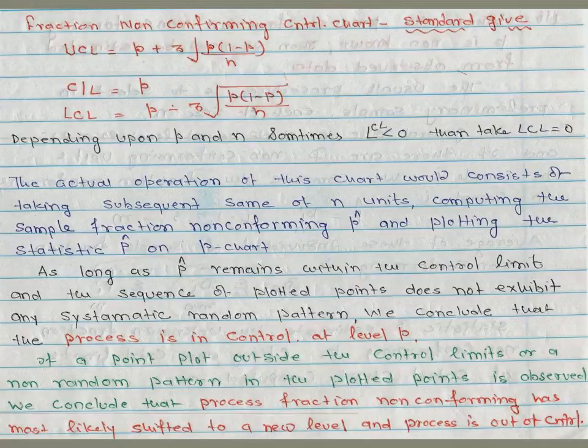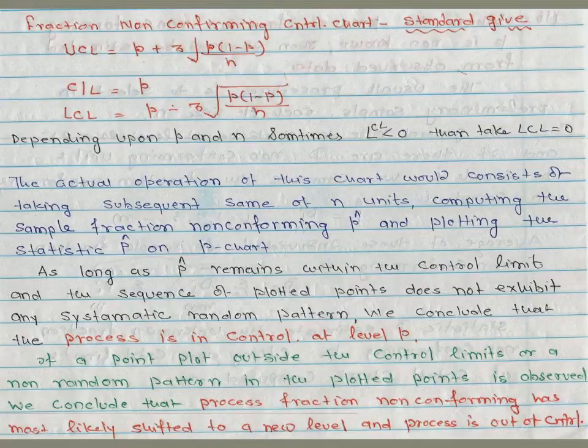So the actual operation of this chart would consist of taking subsequent samples of n units and computing the sample fraction non-conforming, that is P cap, and plotting the statistic P cap on the P chart. So the value of P cap we mark on the P chart.